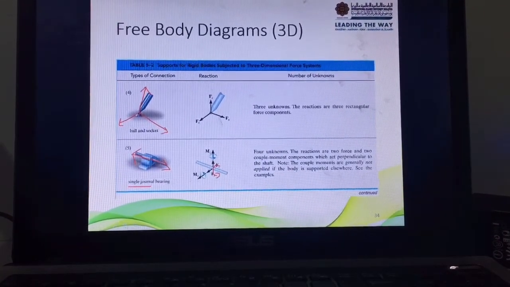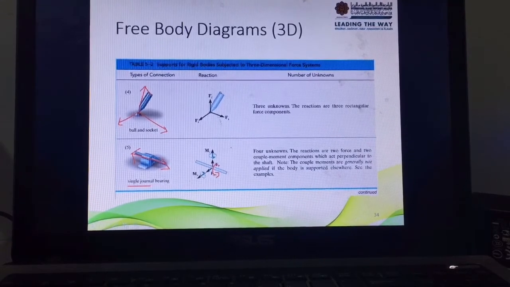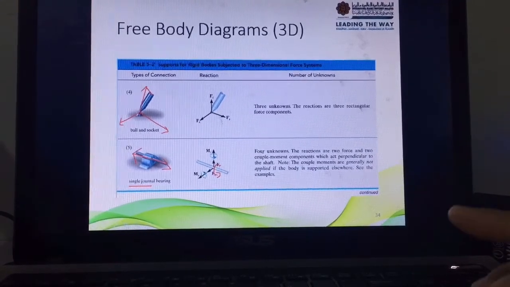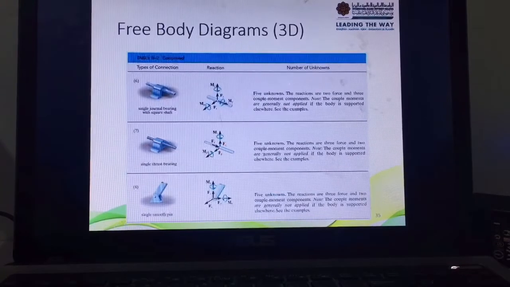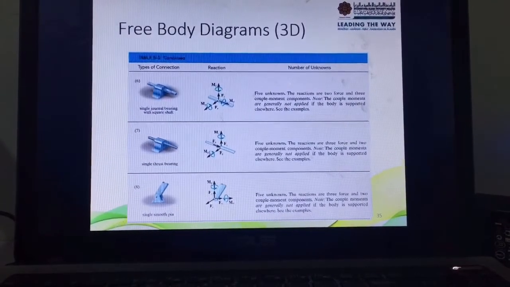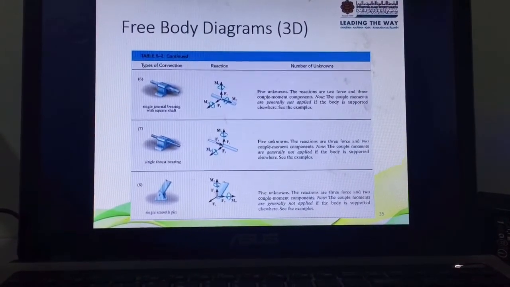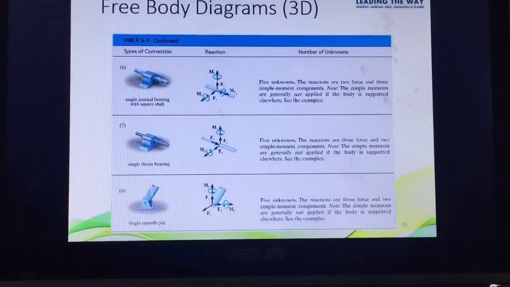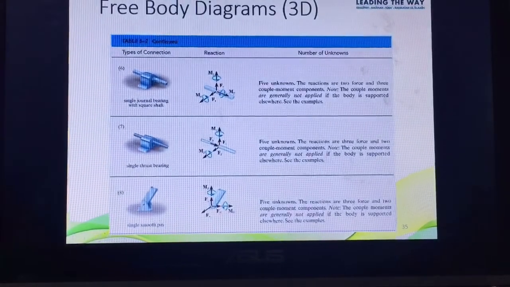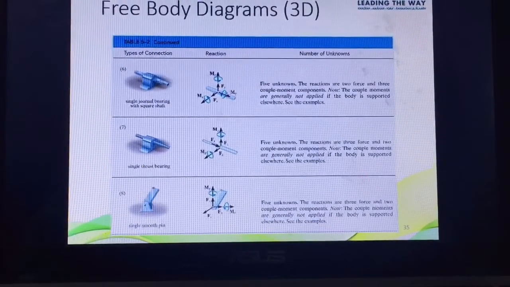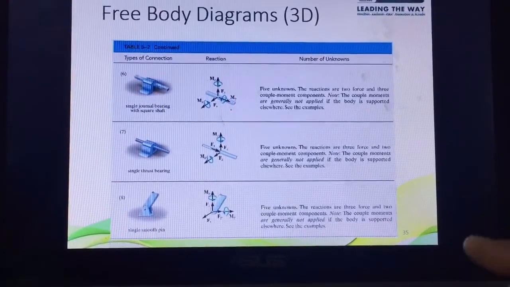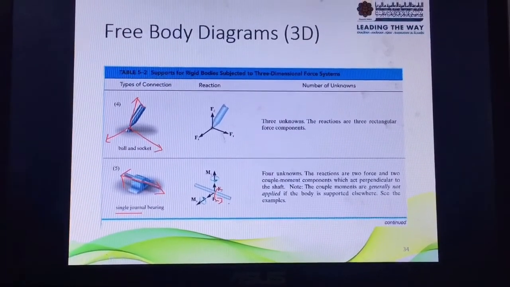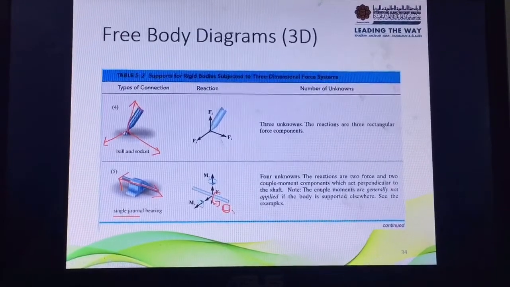It rotates along the axis, its own axis, the shaft axis, sorry. If it is a single general bearing with a square shaft, it will restrain the rotation. You see, now you have my. Previously you didn't have my, because you allowed the rotation, theta y.